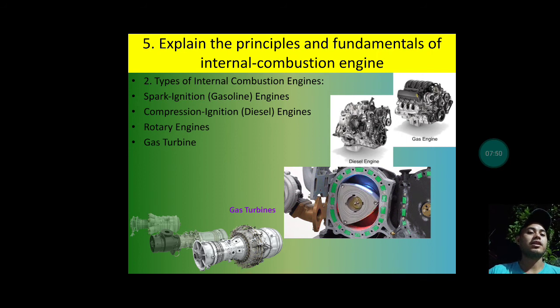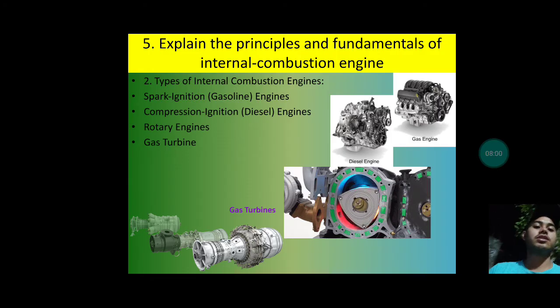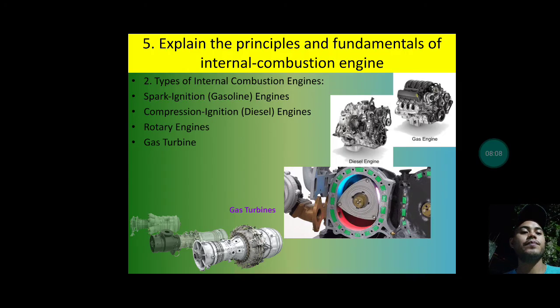That is a rotary engine, and it is usually used for hydrogen powered cars. And then we also have gas turbines. These are internal combustion engines, since the combustion is put into work internally inside the engine. So that's why they're called internal combustion engines.